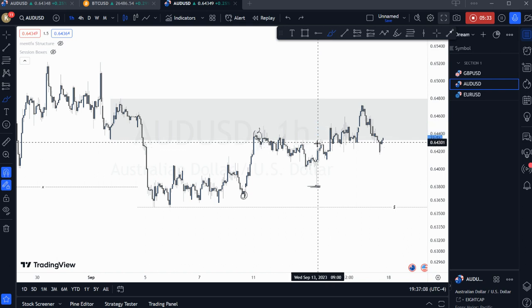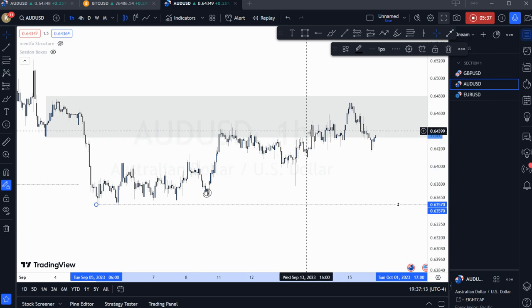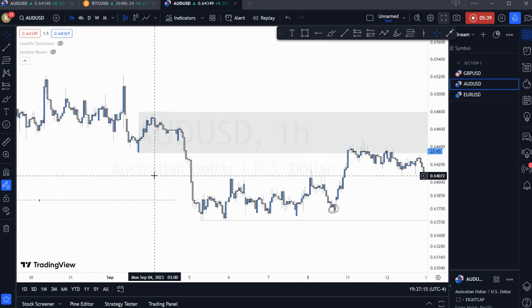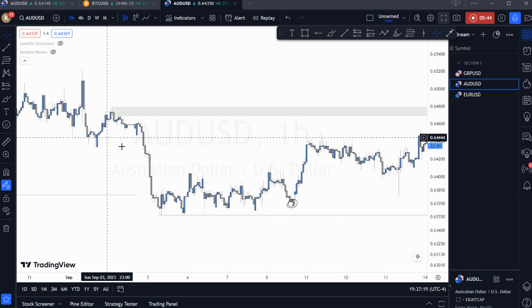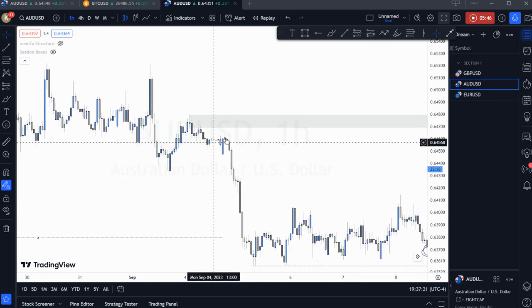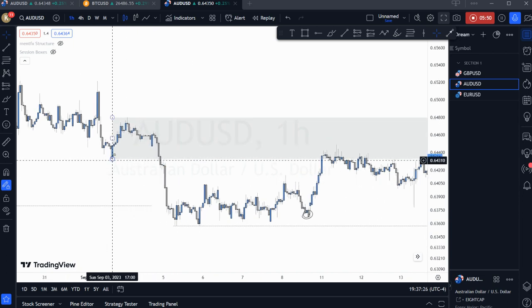So the fact that this came all the way down without breaking this low, but then targeted this high, makes sense. So for me, the schematic I'm looking for wouldn't start taking place until over here, which is why I'll refine this zone down to the highest candle up here. This is the candle up top, right? So I put this back. The zone is from low to high.